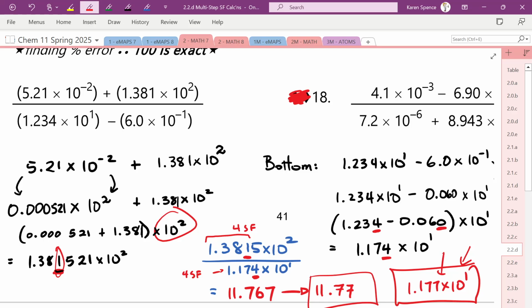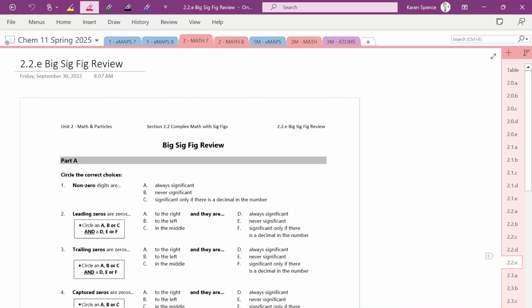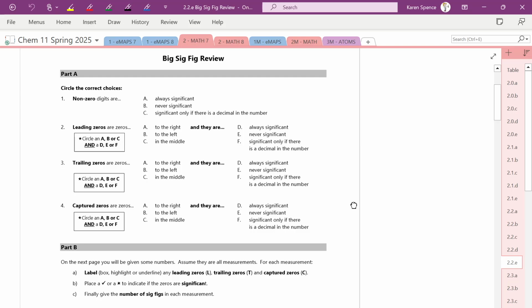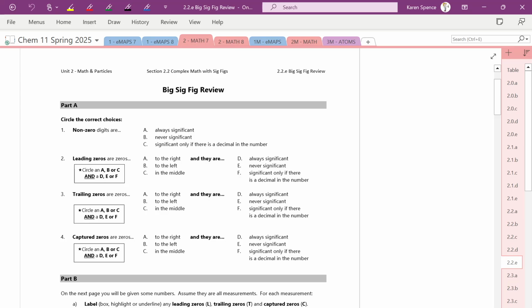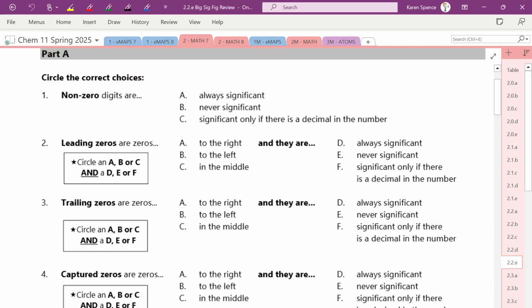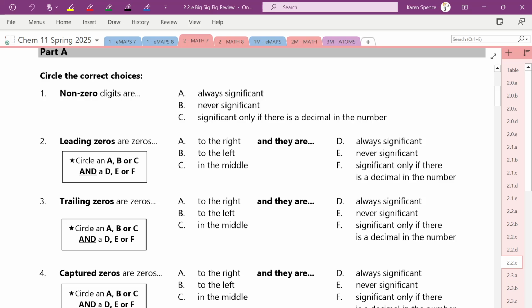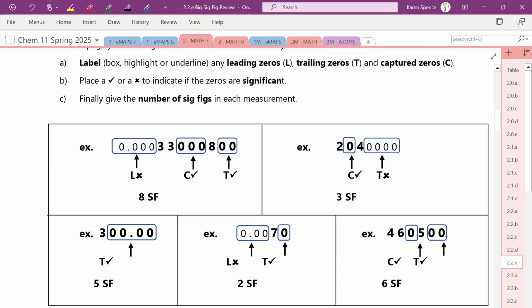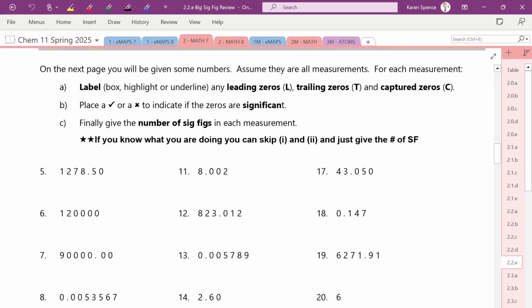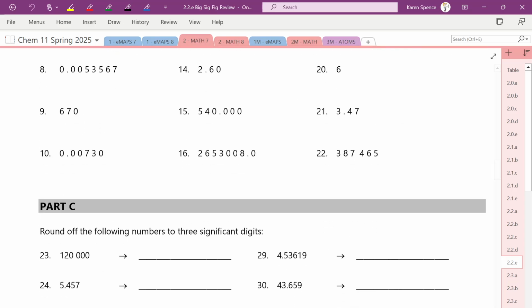If you need extra practice, tonight we have our big sig fig review, which starts on page 42. You might find that you don't need to do the first part, because it's all the basic rules about counting sig figs. Part B is just counting sig figs.